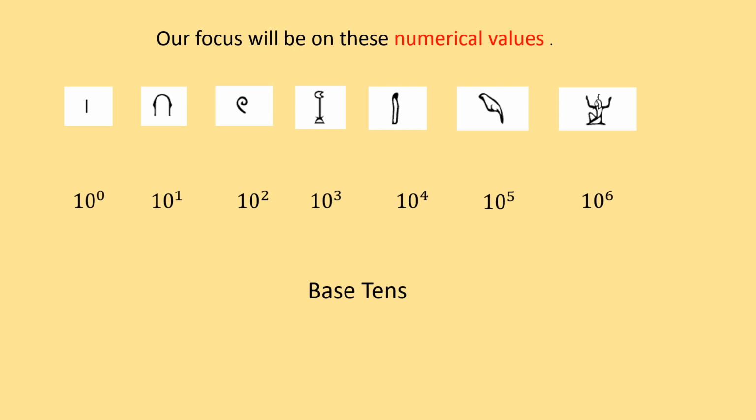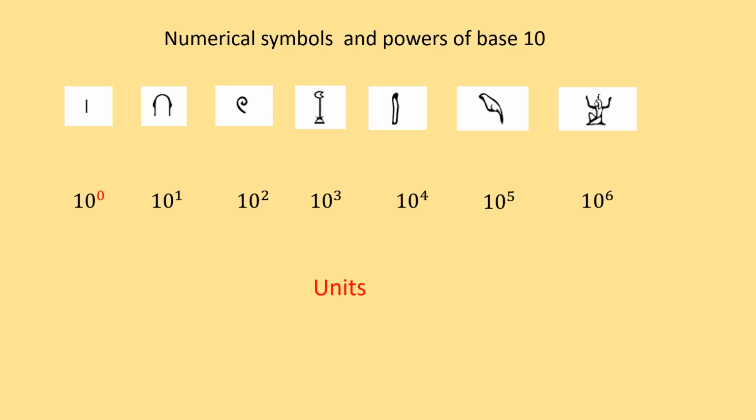Our focus will be on these numerical values. It is believed that the base 10 system is used by humans because of the 10 fingers on our hands. The base 10 system has, again, a 10, which tells us how many groups of 10, and an exponent to tell us how many factors of 10 there are.